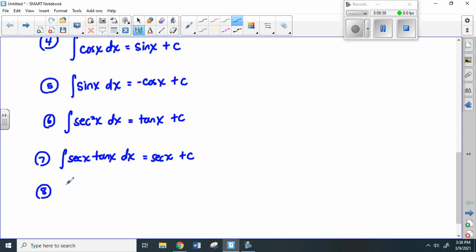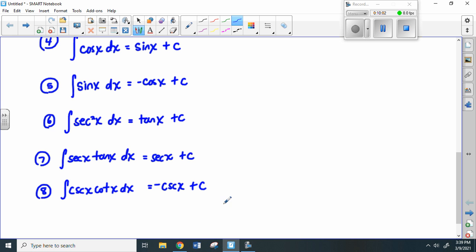And then I'm going to do the same thing for cosecant. If I started with cosecant and took the derivative of it, I would get negative cosecant cotangent. But what if I don't want to put the negative on this side? Then it ends up on that side.